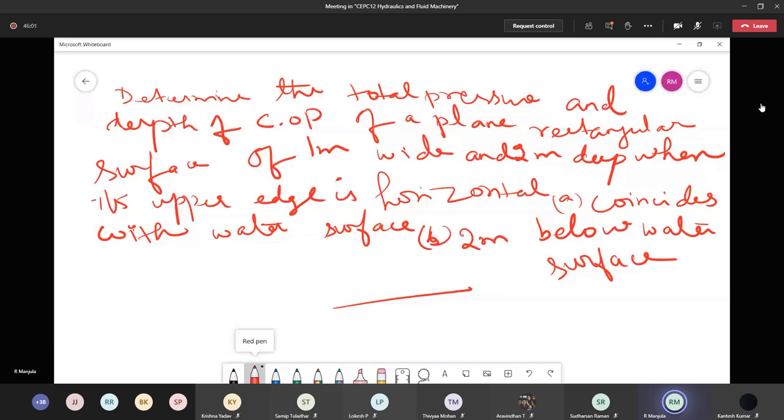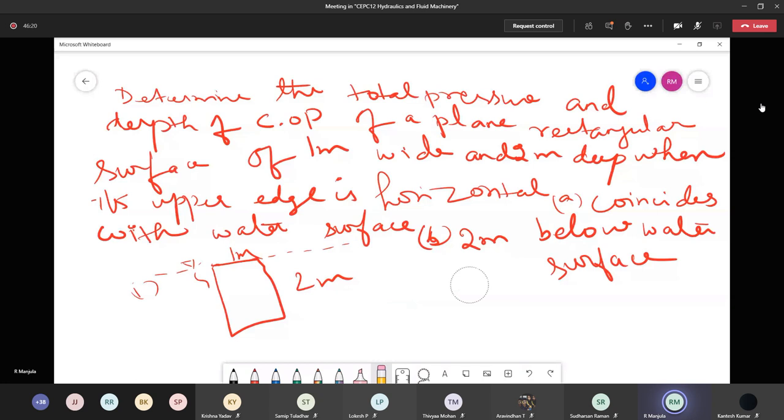Either it is coinciding with the water surface, that is case 1, and in case 2, it is 2 meter below the surface.